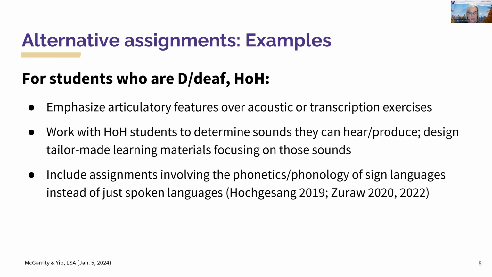And for students who are deaf or hard of hearing, you might emphasize articulatory features over acoustic features or transcription exercises alone. You might work with hard of hearing students to determine which sounds they can hear or produce, and then you can work with them to design tailor-made learning materials that focus just on those sounds. And you could also consider including assignments that involve the phonetics and phonologies of signed languages and not just of spoken languages as well.